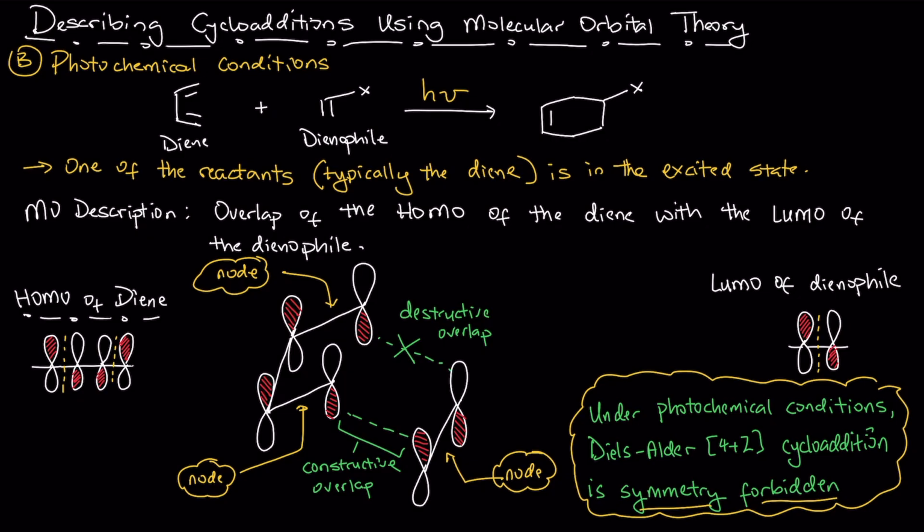Okay? And so we see here a nice way of trying to understand and predict the conditions, whether thermal or photochemical, we should use to actually do a cycloaddition, right? And these theories can extend beyond 4 plus 2 cycloadditions or beyond Diels-Alder reactions.